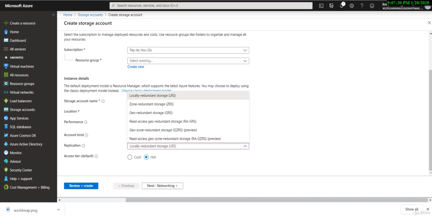ZRS is currently supported on general purpose V2 accounts, and ZRS is available for block blobs, non-disk page blobs, files, tables, and queues. But what happens when a zone becomes unavailable?